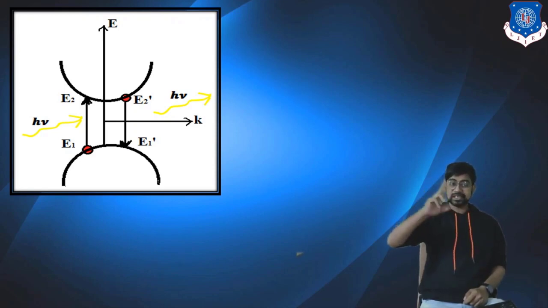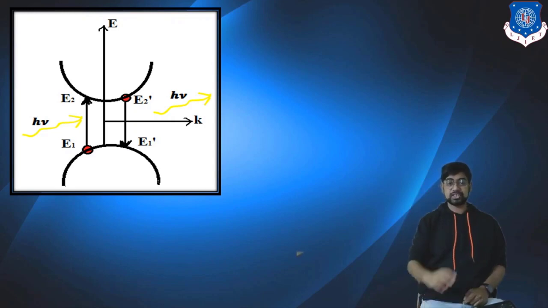So that transition is E1 to E2. Second, E2 dash and E1 dash indicate the recombination process, such that the electron from the higher energy level comes down to the lower energy level, releasing the energy hν that it gained during the generation process.